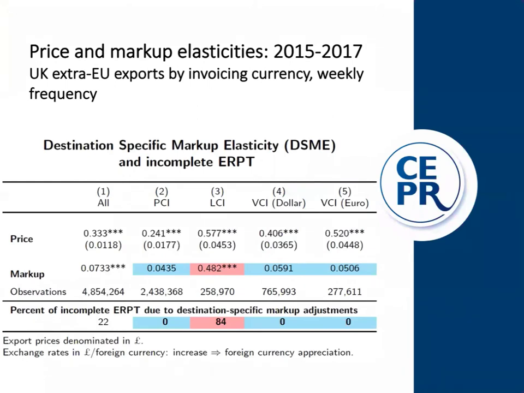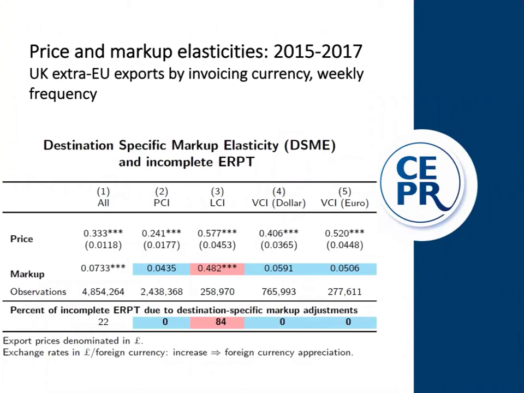Importantly, all of that adjustment in markups is coming from those firms that are using local currency to invoice their transactions. So essentially what we see for firms that are invoicing in the local currency of a destination, column 3, when we see how much export prices measured in sterling are adjusting, most of that adjustment is reflected in the firm changing the markups they charge in different countries in response to the exchange rate.